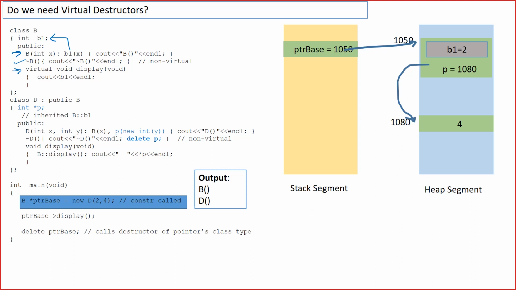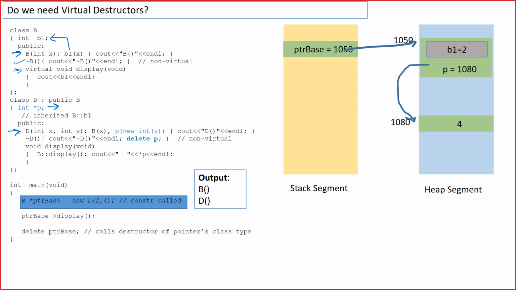Next I have created class D, which has one integer pointer P, and B1 is inherited. This is the definition of the constructor of the derived class D, where we pass two variables, int x and int y.